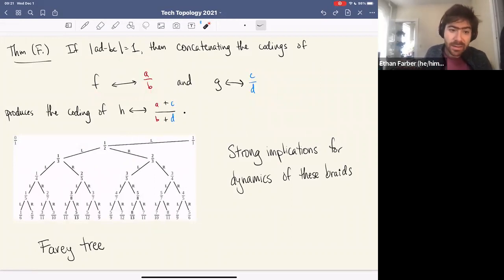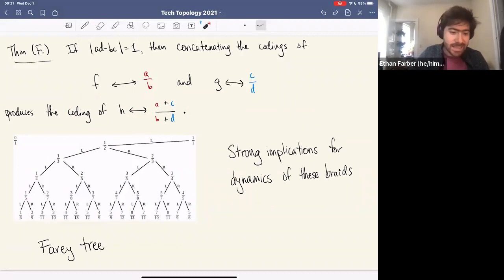We can concatenate those codings and they will produce a third interval map, which is also in the family. So it can also be thickened to a positive pseudo-Anosov braid. And its coding produces for us the rational number a plus c over b plus d. So that is called the mediant of the fractions a over b and c over d.